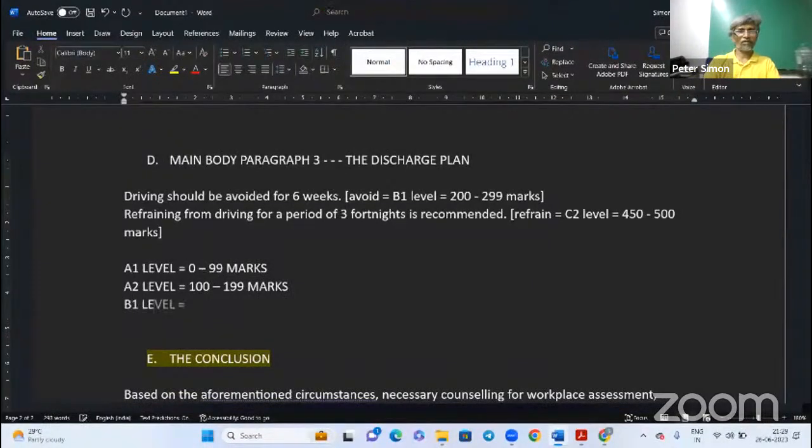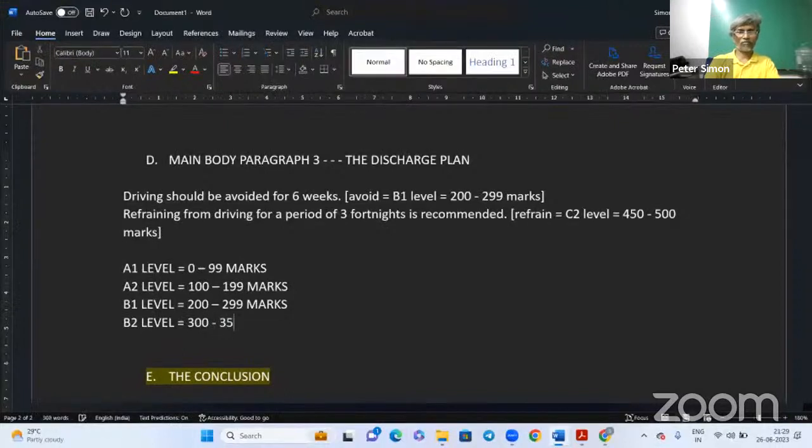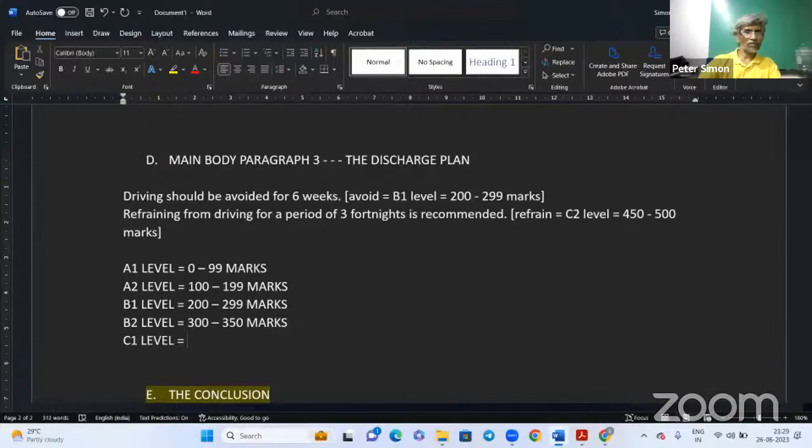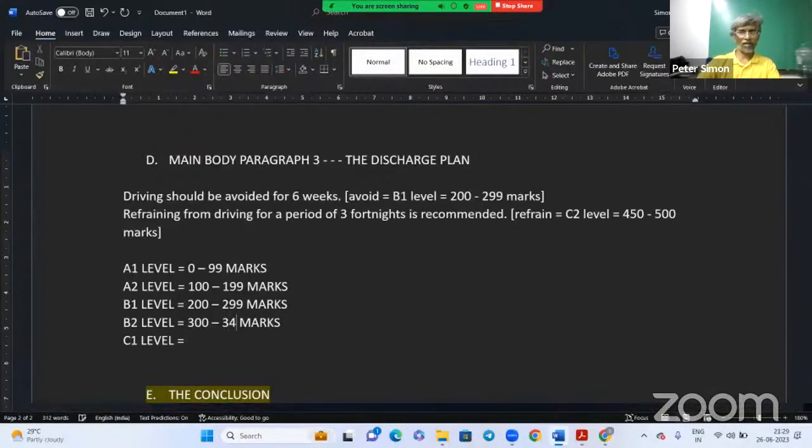B1 level will give you 200 to 299 marks roughly. Okay. And B2 level, sorry, B2 level will give you 300 to 349 marks.